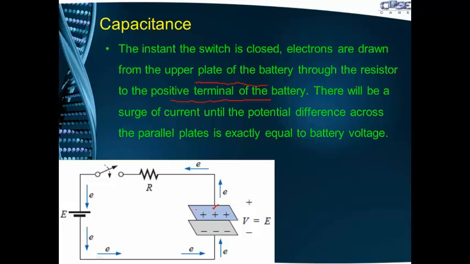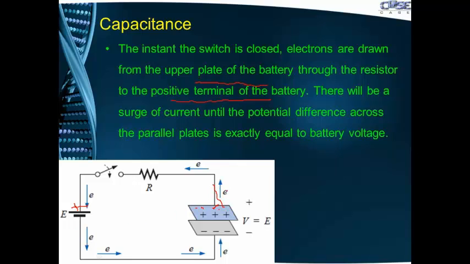We know that for any conducting material, there are free electrons present within the conductor, and when we connect a battery with this conductor, these free electrons are attracted by the positive terminal of the battery, as positive and negative attract each other.